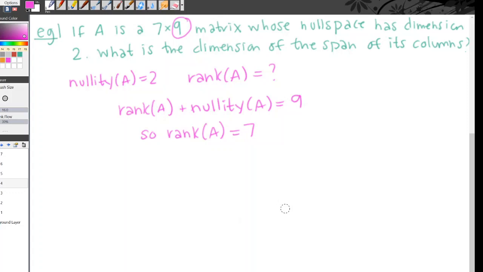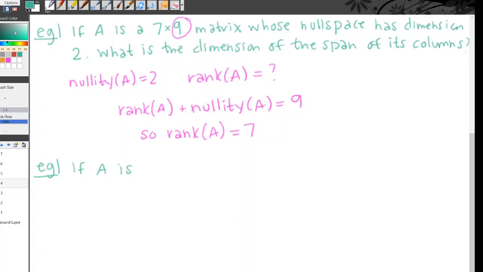Okay, let's do another example. Sorry, I'm just trying to switch back to my other color. So let's say now instead that A is a 7 by 9 matrix. Actually, maybe I'll switch this up.